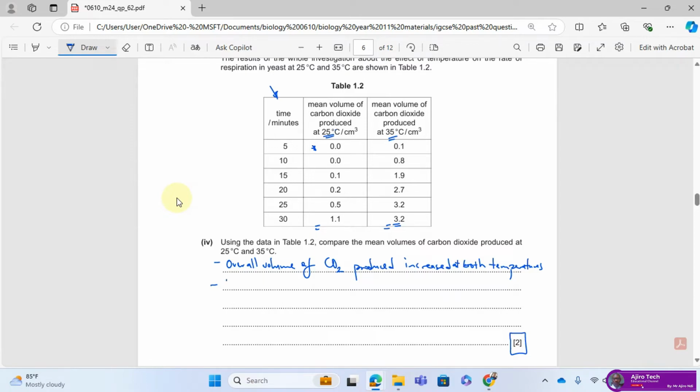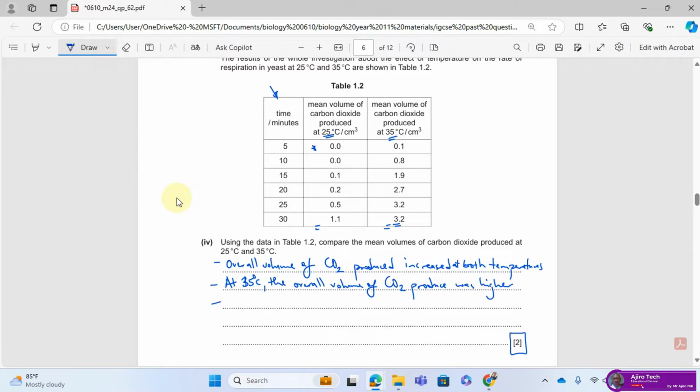So we say at 35 degrees C, the overall volume of CO2 produced was higher. That's 2 points.